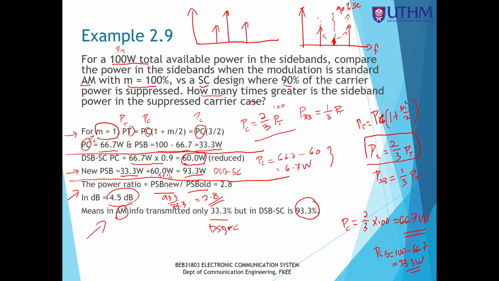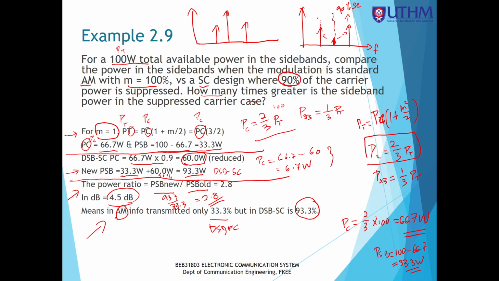Now when we have the double sideband suppressed carrier, the question said that 90% of the carrier power is suppressed.